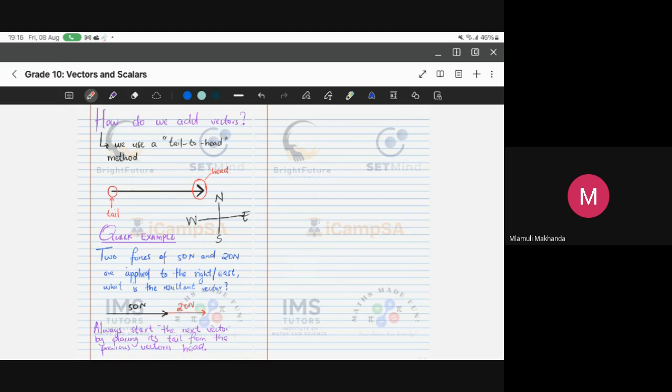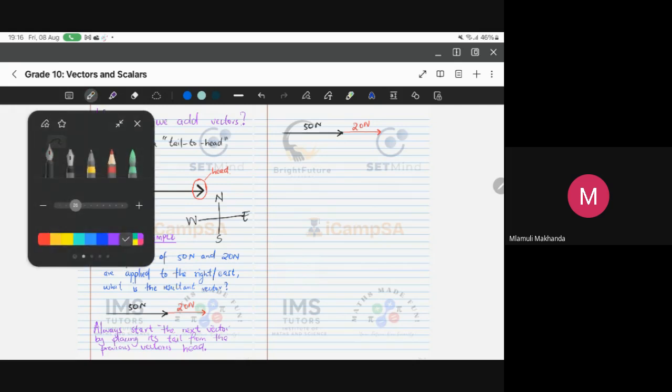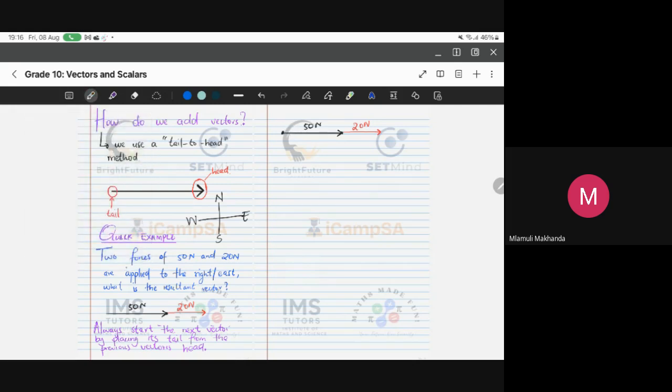What does it mean? So now you have these two things. The resultant, you draw it from the tail of the first vector, vector 1, vector 2, to the head of the last vector that you have.